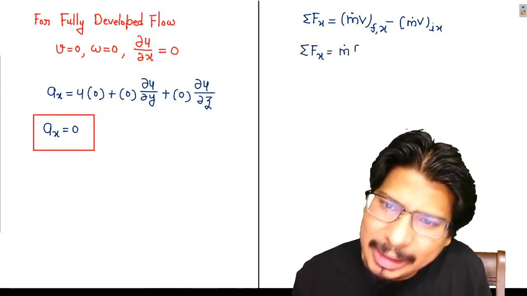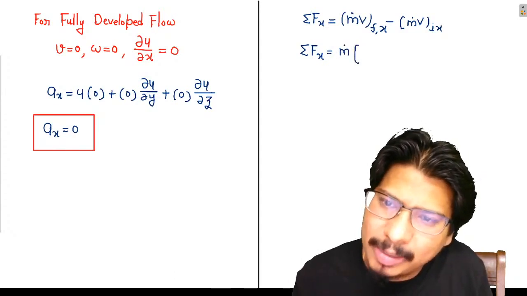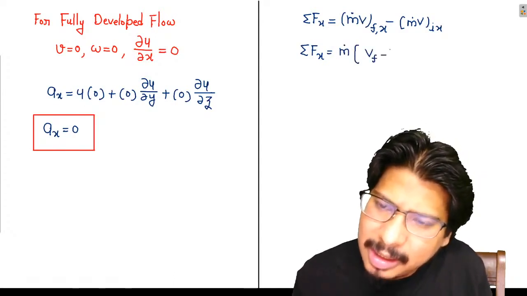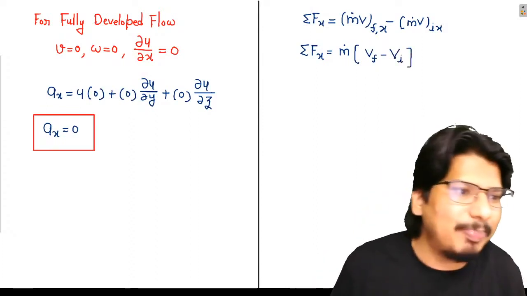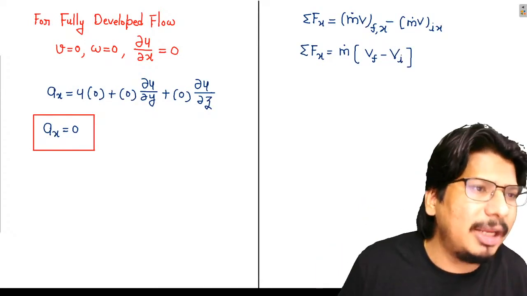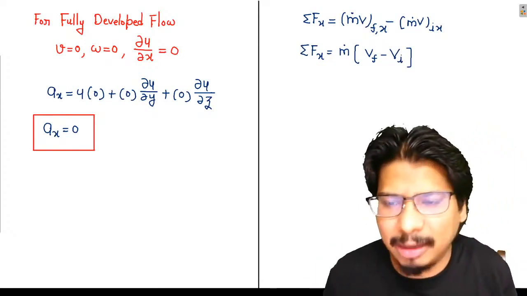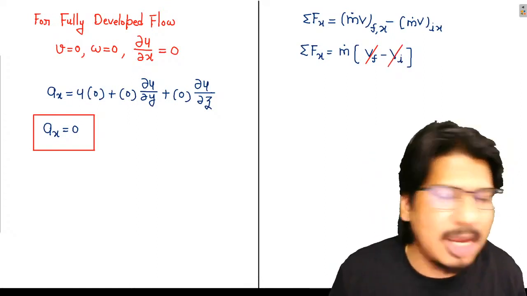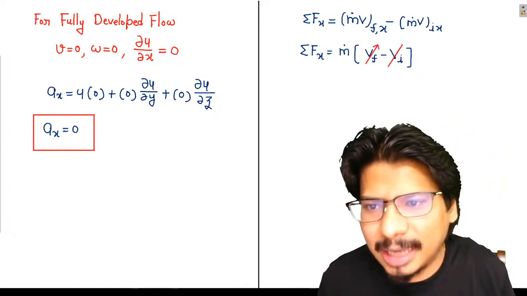Let us suppose I am taking two cross sections. Let me say this is the final average velocity and this is the initial average velocity. Of course, both will be equal. You take any two cross sections, can I say at those two cross sections the average velocity will be the same? Yes. If the average velocity is the same, 100% this and this will get cancelled.